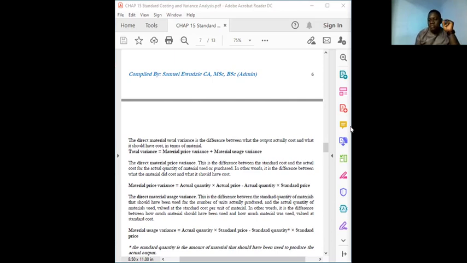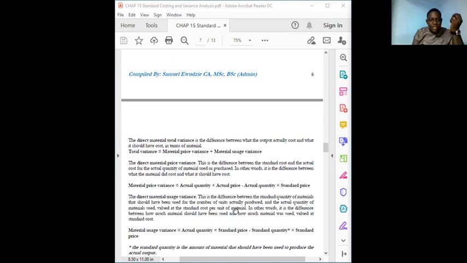How much had we predetermined to buy a unit of material, and how much did we actually buy it? Then we value it at the actual quantity of goods purchased. That will give us the variance. The difference between the actual price and the standard price multiplied by the actual quantities of goods purchased will give us the variance. Then you have the direct material usage variance.